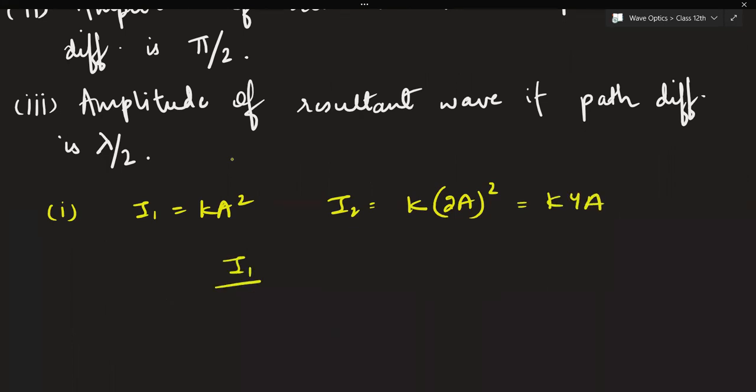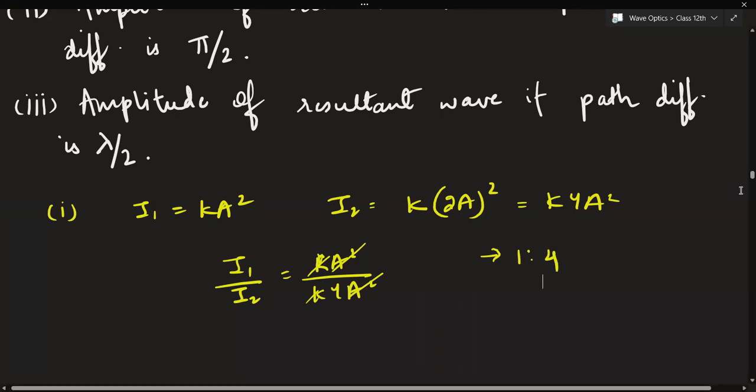If you take the ratio I1 by I2, it is K A squared by K 4A squared. K gets cancelled. The ratio is 1:4.